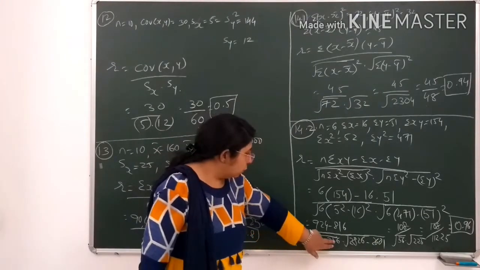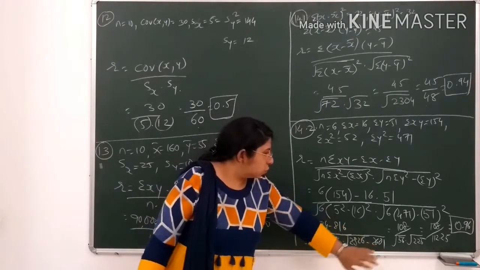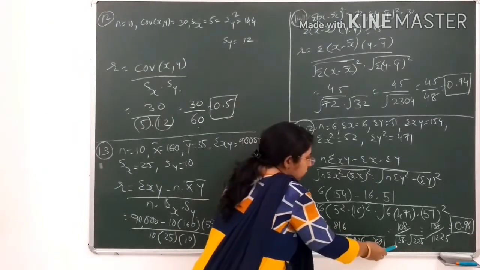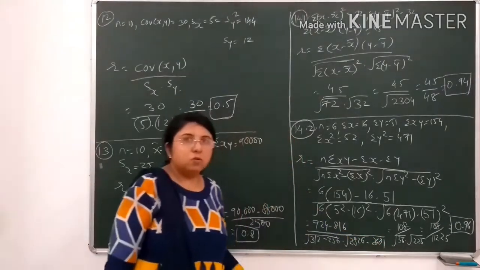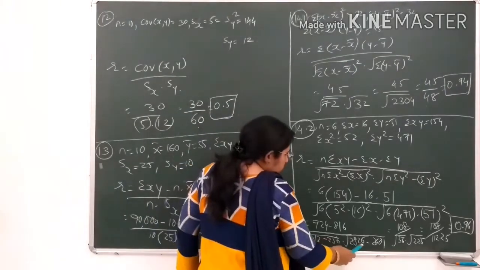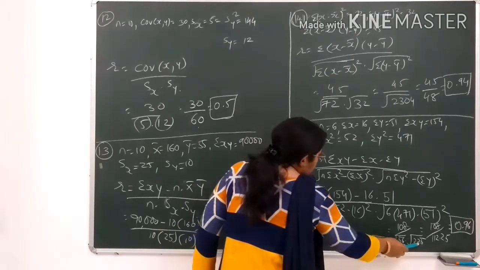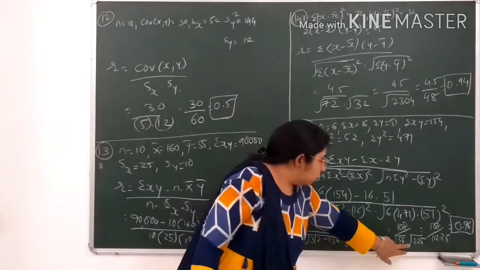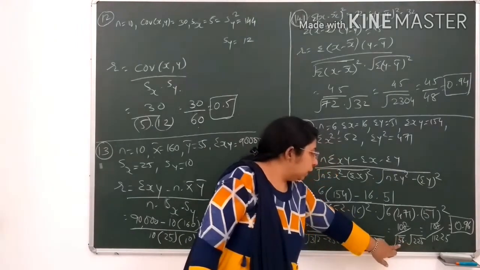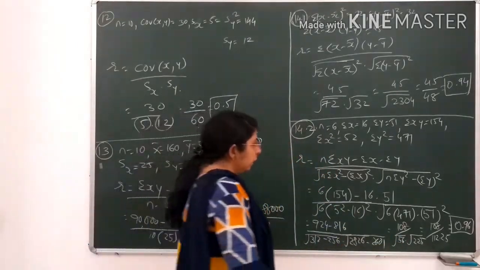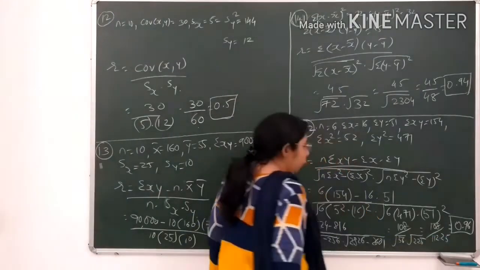By doing the subtraction of these two values, 312 minus 256, it would come to 56. It will still be under root, because we have to find the root of these two values, into under root of 2826 minus 2601, it would come to 225 under root. Now first of all, do the multiplication of these two values, that is 225 into 56, and then find the root of the answer. You will get 112.25.